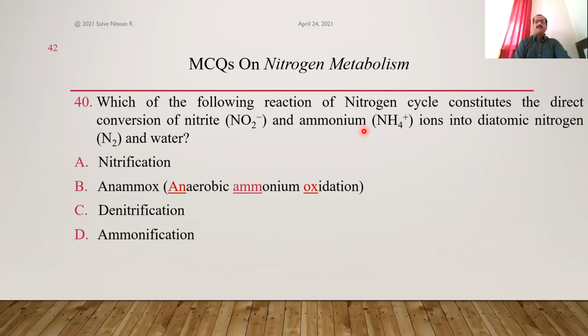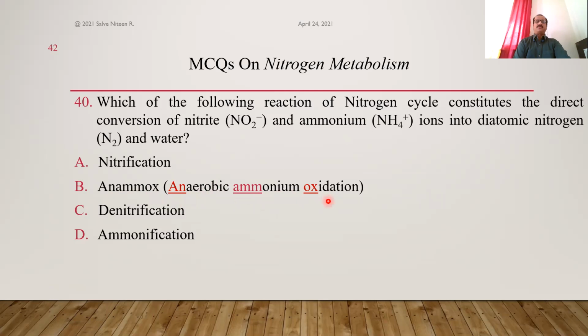But sometimes anaerobic conditions occur. Under anaerobic conditions, this ammonium is oxidized, and that process is called anammox. As you can see here, ana means anaerobic, ammo means ammonium, and ox means oxidation.